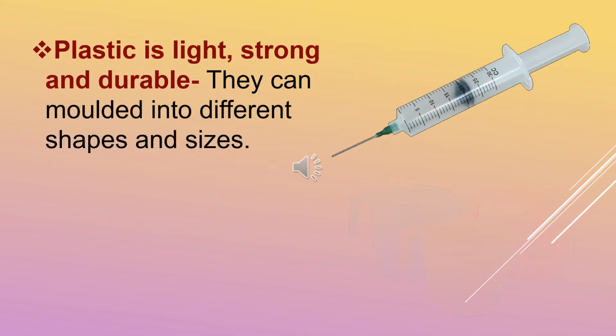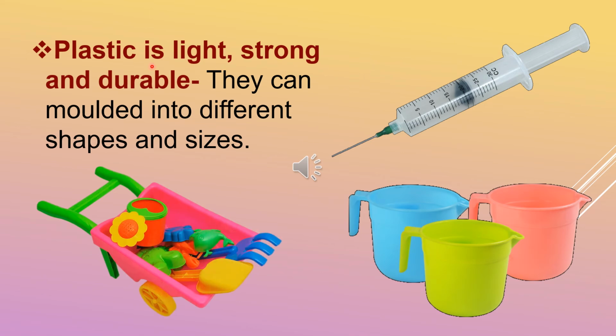The second point is that plastic is light, strong, and durable. We discussed the two chairs, plastic and metal. We prefer plastic furniture because it is light in weight, so we can carry it from one place to another very easily. It is also very strong.